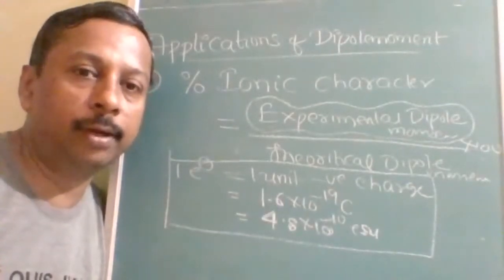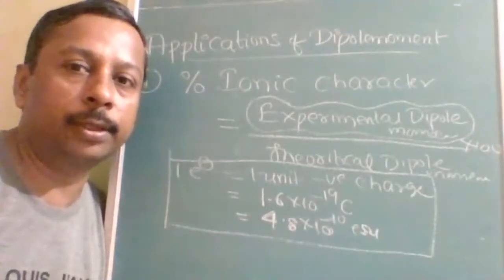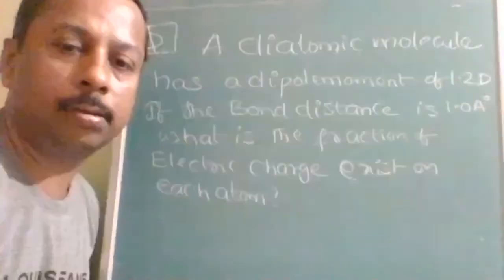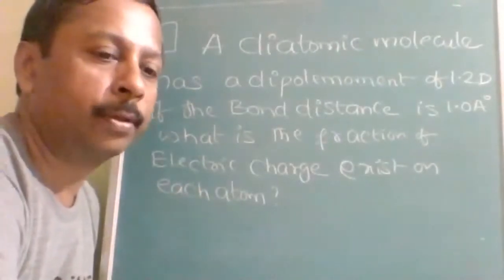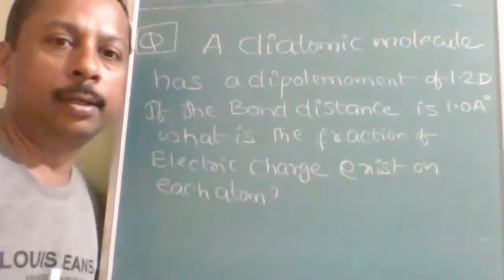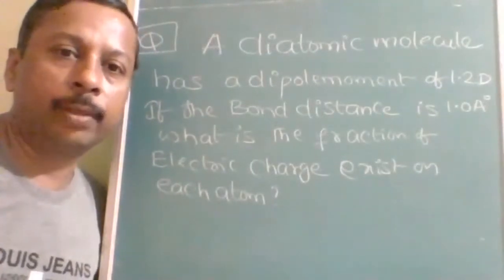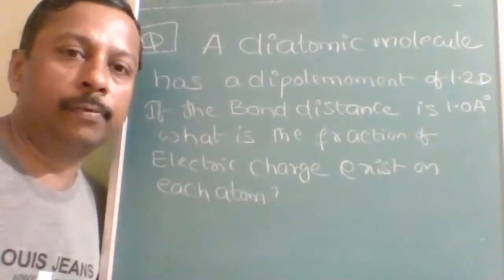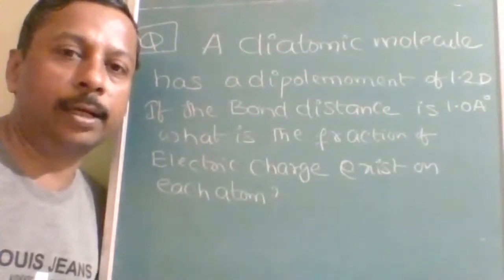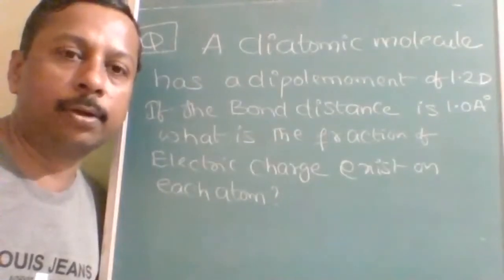Now we will be solving some questions related to this formula. Okay students, this is a question related to dipole moment. Here I will make you understand, then it will be easy to solve. A diatomic molecule has a dipole moment of 1.2 D and the bond distance is 1 angstrom.